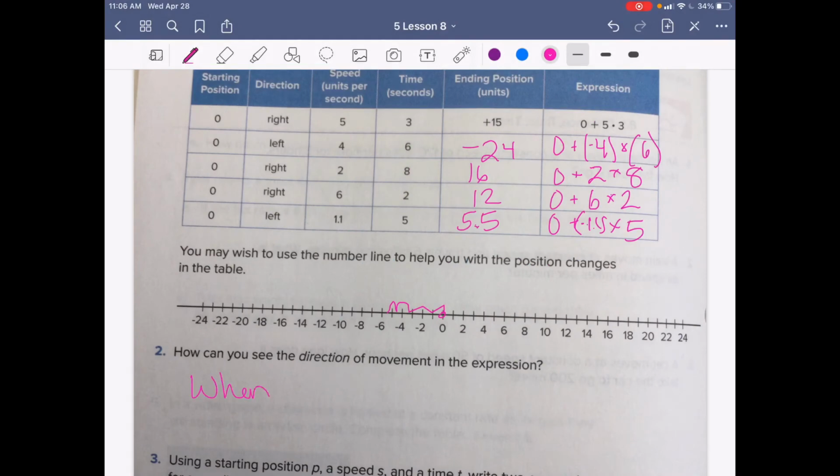When there is a negative times a positive, we go left. Positive times a positive, we go right.